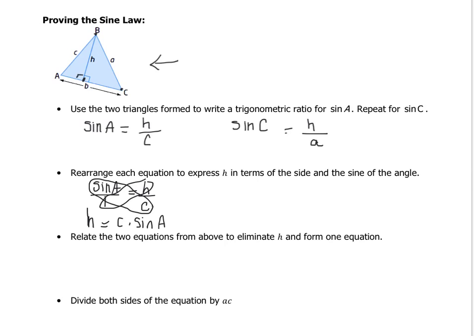And the second one, sine C over 1 equals H over A. You would end up with H equals A sine C. So because both of these H's are exactly the same side, the two triangles have the same side H.